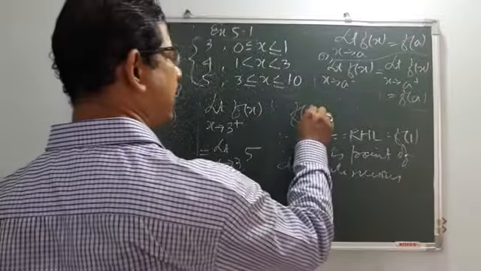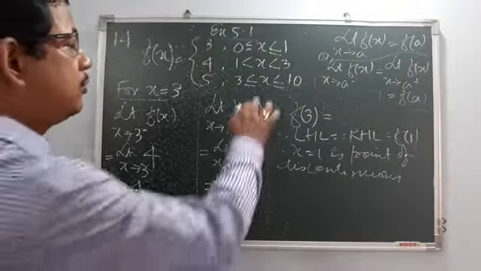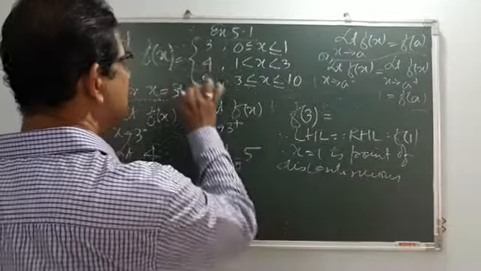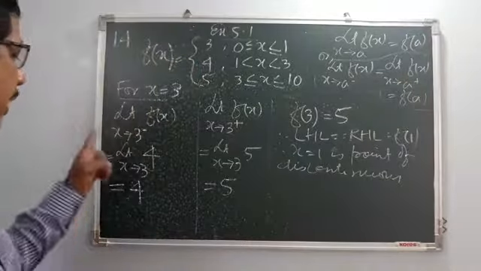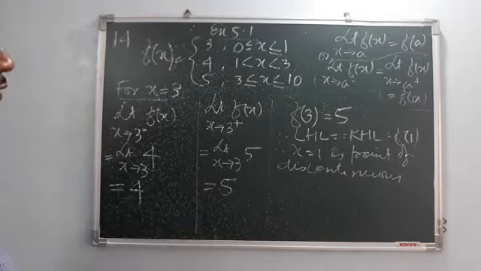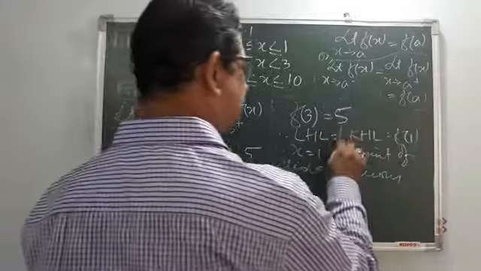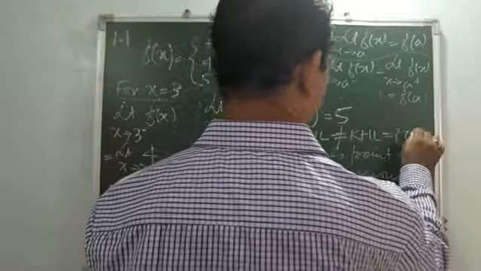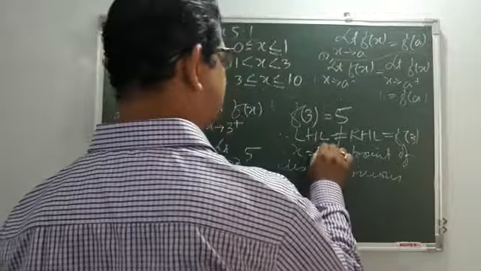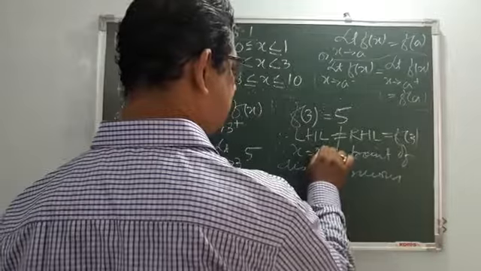Now for x equal to 3, you see that the value of f(3) is 5. So what do we get? LHL is not equal to RHL. Though RHL and f(3) are the same, we need all to be equal. So 3 is one of the points of discontinuity.